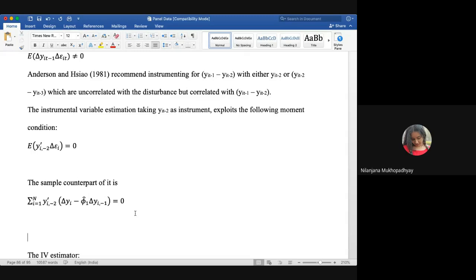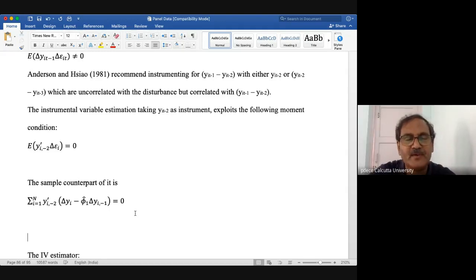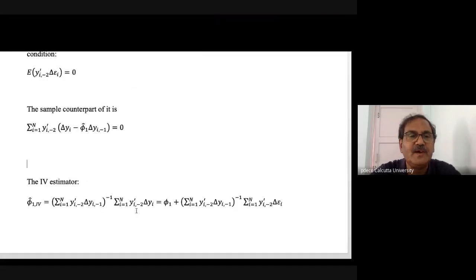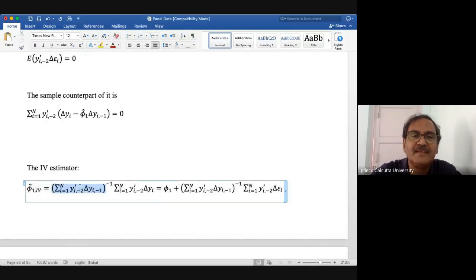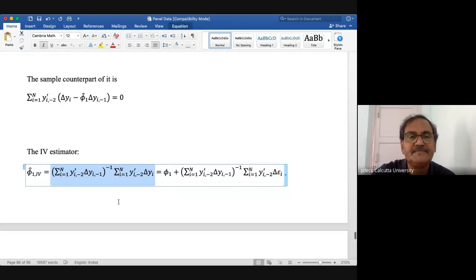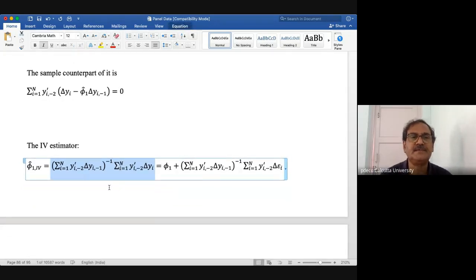Sir, summation yi prime i minus 2 delta yi divided by summation yi prime i minus 2 delta yi minus 1. হ্যাঁ, কিন্তু এটা তো ভেক্টর ফর্মে রয়েছে, এটা মাথায় রাখতে হবে। তাহলে যে ডিভাইডেড বাই যেটা লিখলে সেটা হয়ে যাবে অ্যাকচুয়ালি টু দি পাওয়ার -1 ইনভার্স। এটাই তো পেয়েছো বেসিক্যালি, তাই তো? Yes, sir. Yes.